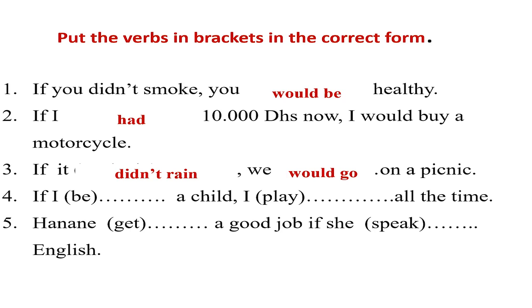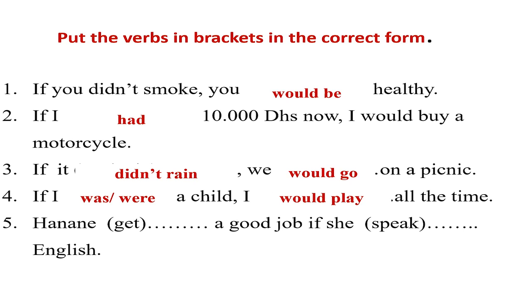Very good. 4, we see if I. Yes, very good. So for the verb to be here, simple past, normally we say I was, but in conditional type 2 we can say also if I were. If I were a child, if I was a child, okay, I would play all the time.